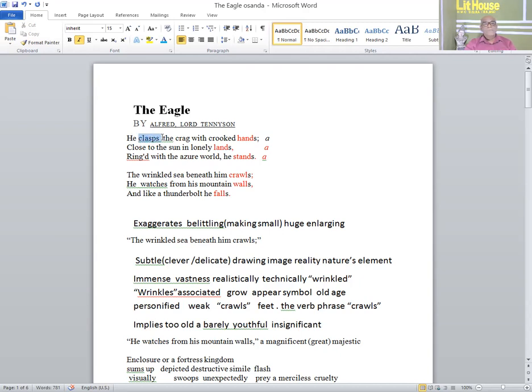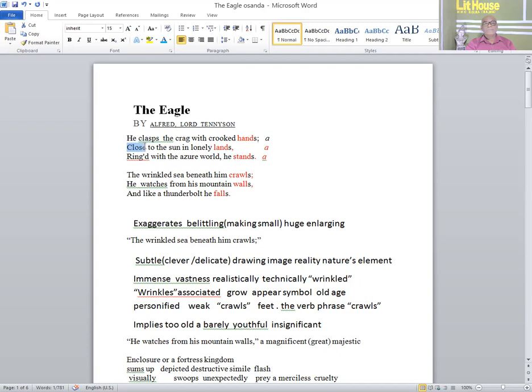Clasps. What is the other rhyming word? Clasps. What is the rhyming word for clasps? Hands. Yes.